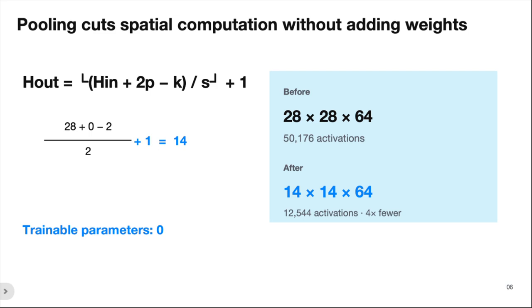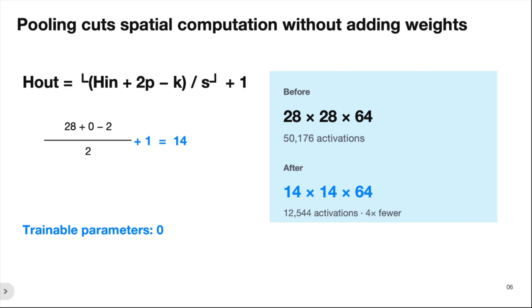For one spatial dimension, the output is the floor of input plus 2 times padding minus kernel size, divided by stride, plus 1. With input 28, kernel 2, stride 2, and no padding, the result is 14.